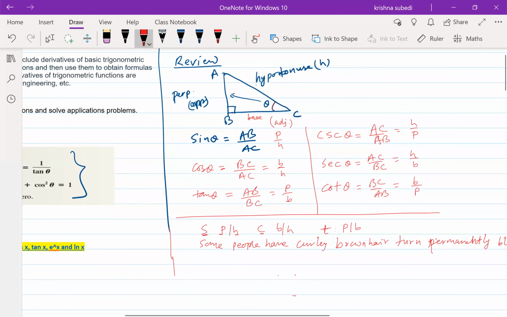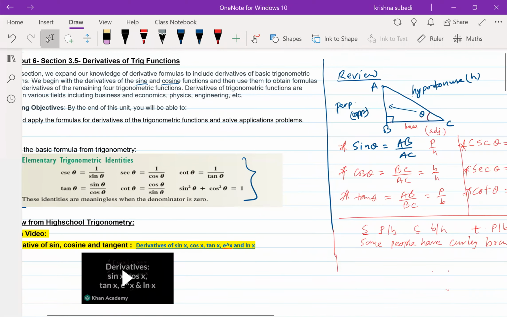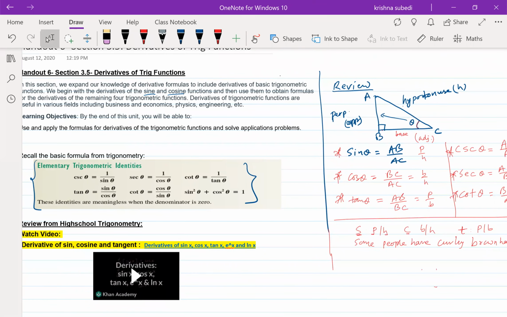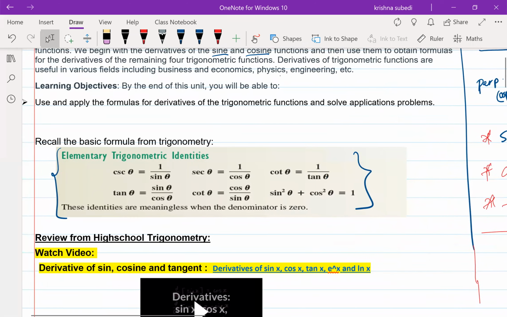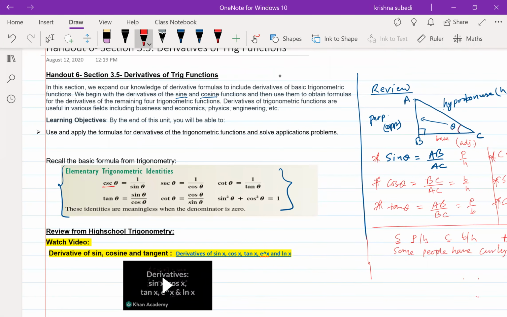So these are the six trigonometric functions that you already know from your high school trigonometry. Now, in this class, our goal is to find the derivative of those functions, okay? And you also remember from your high school, I believe, cosec theta and sine theta are reciprocal, sec theta and cos theta are reciprocal, cot and tan are reciprocal, okay?